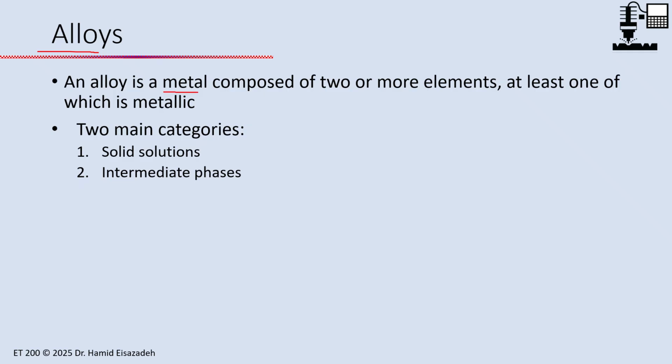And we have two main categories for alloys. One is solid solution, and the second one is intermediate phases. And in alloys, you should keep that in mind: in an alloy, we have one element that has to be metallic.